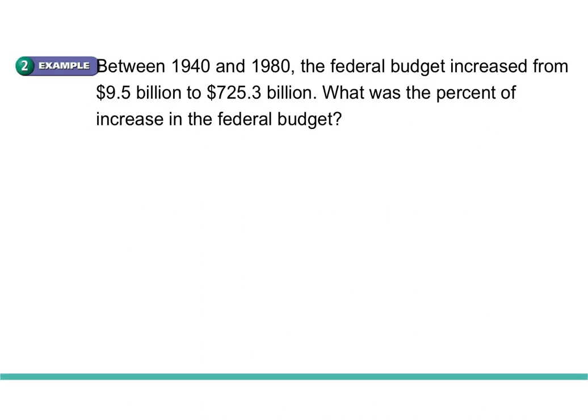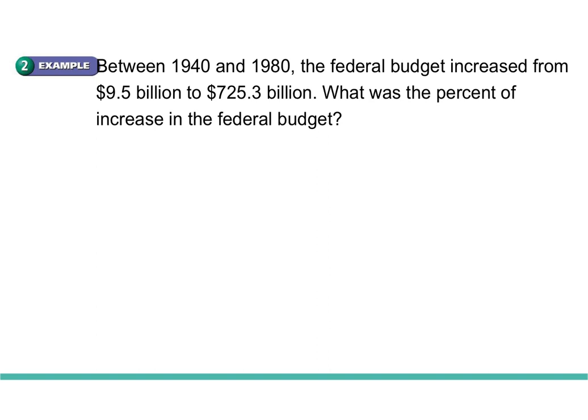All right, example 2. Between 1940 and 1980, the federal budget increased from $9.5 billion to $725.3 billion. What was the percent of increase in the federal budget? So again, we're going to use the formula that we just came up with on the last slide, where we're taking the amount of change and dividing it by the original amount.